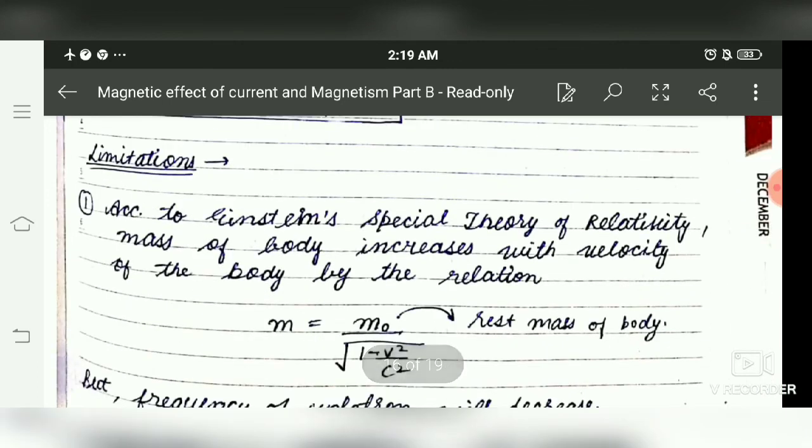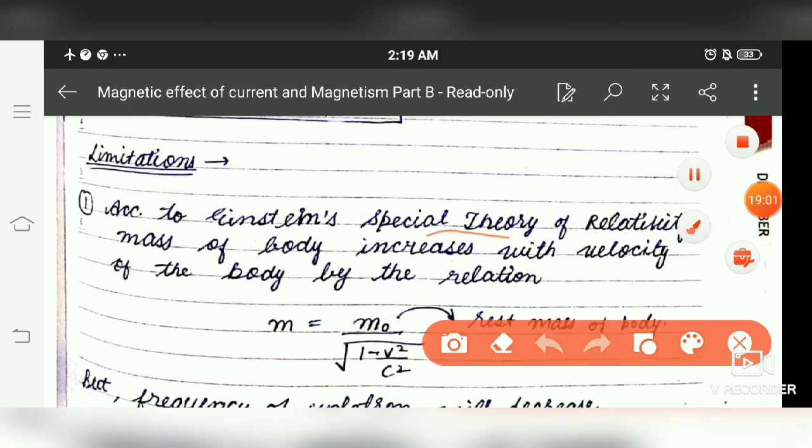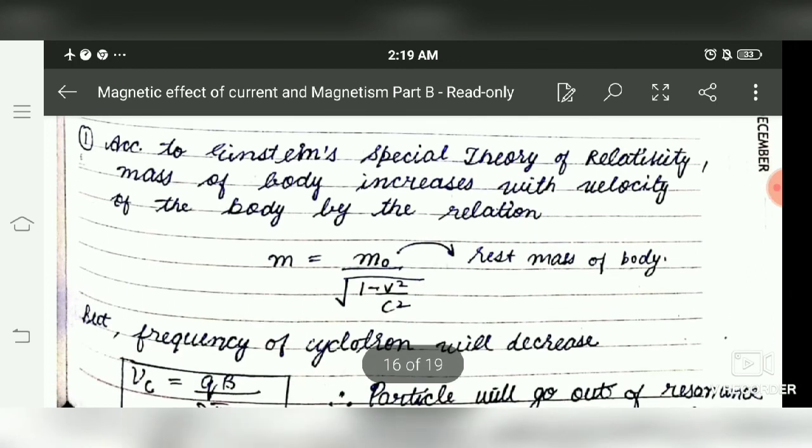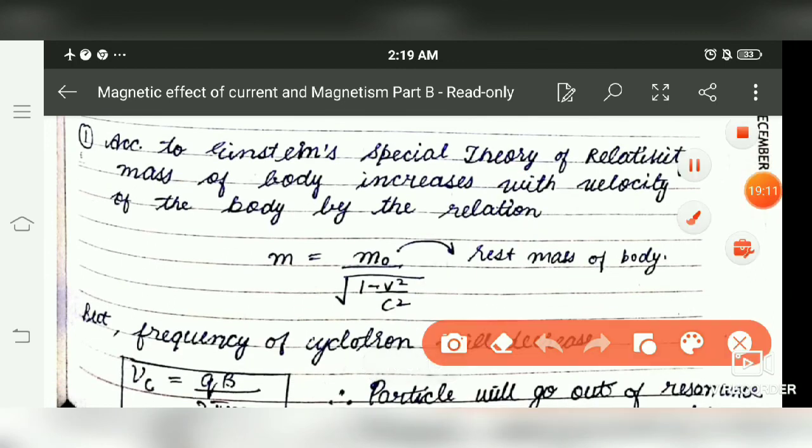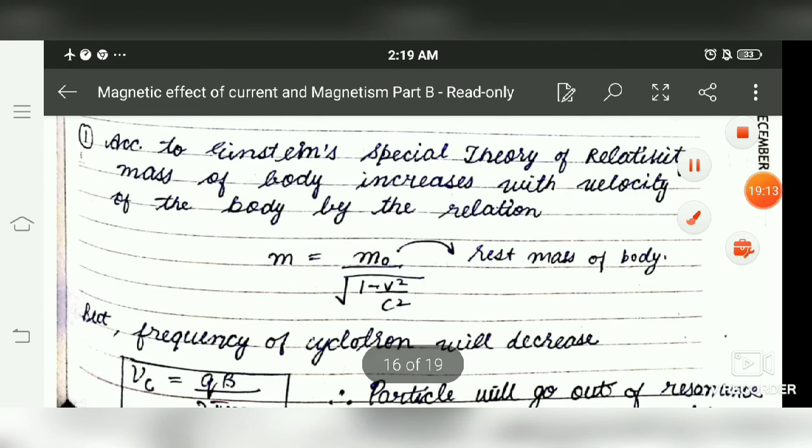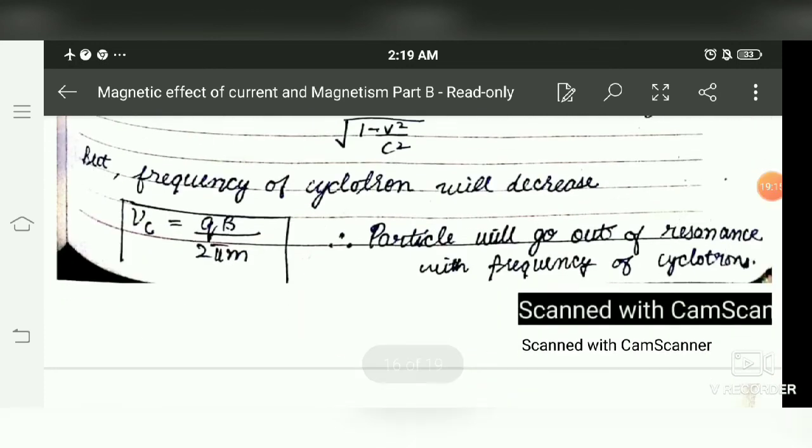Now there are some limitations. First of all, according to Einstein's special theory of relativity, if the mass of the body increases, then the velocity of the body also changes because of this formula. Second, the frequency of the cyclotron will decrease.